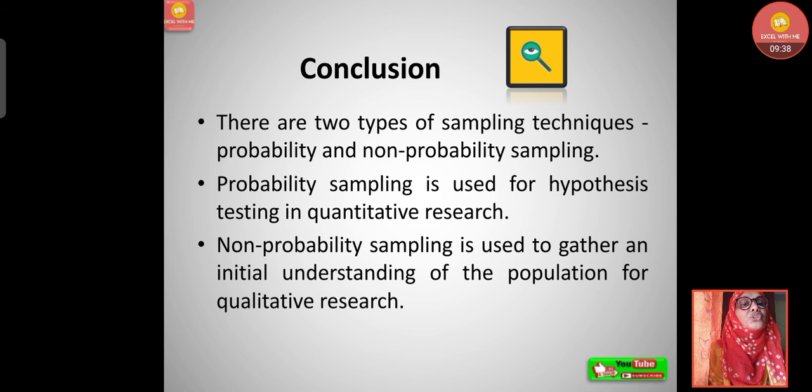Non-probability sampling is used to gather an initial understanding of the population for qualitative research. As we have seen, qualitative means attitude. So attitude is qualitative. So in qualitative research, this non-probability sampling is used, data is gathered here.